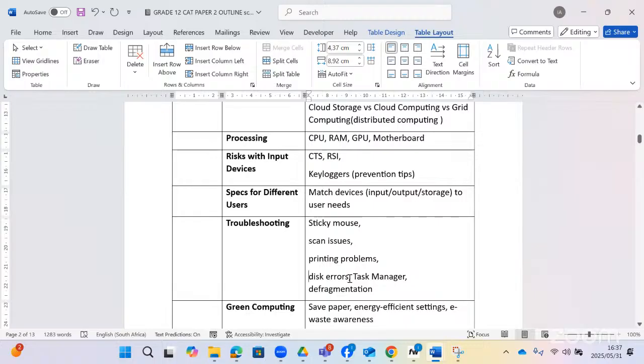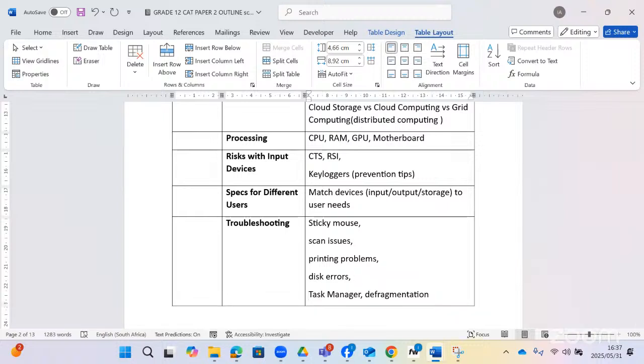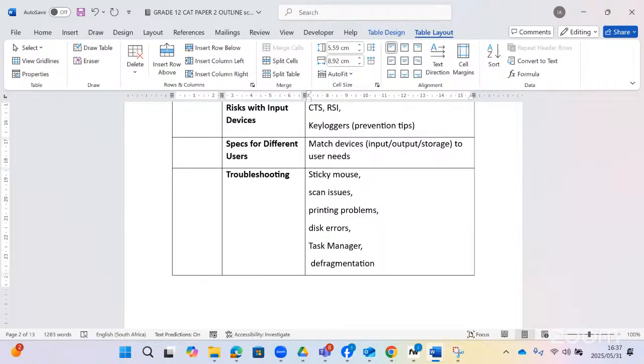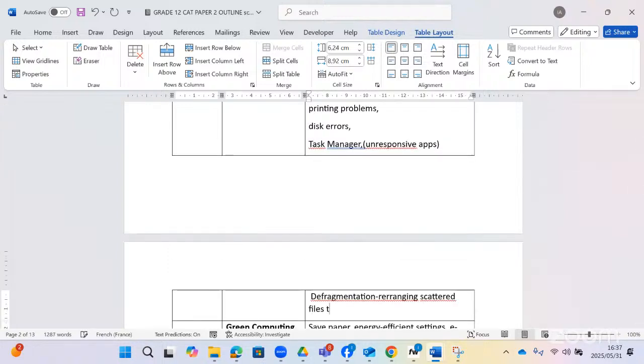If your internal storage is not working, and then the task manager, when you have so many files that are frozen, and then how do you close non-responsive apps, by using the task manager, and then defragmentation, that is reorganizing, rearranging scattered files in order to speed up.